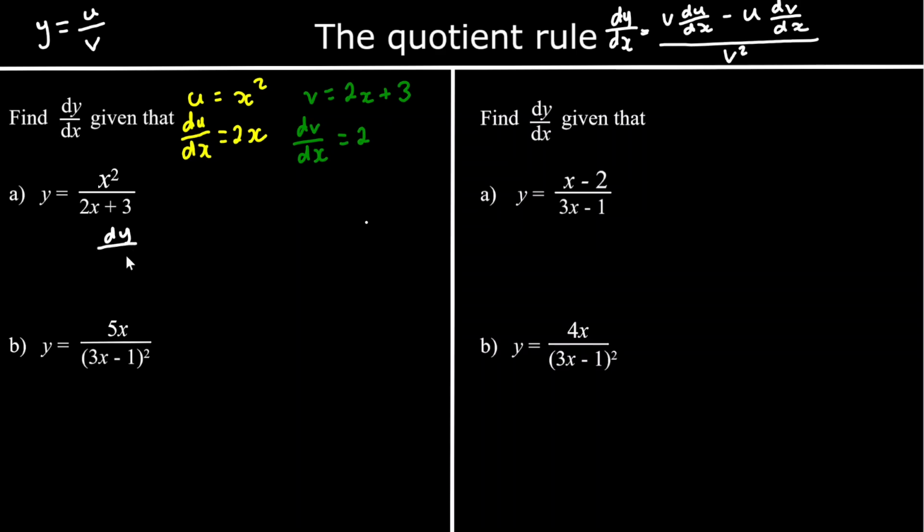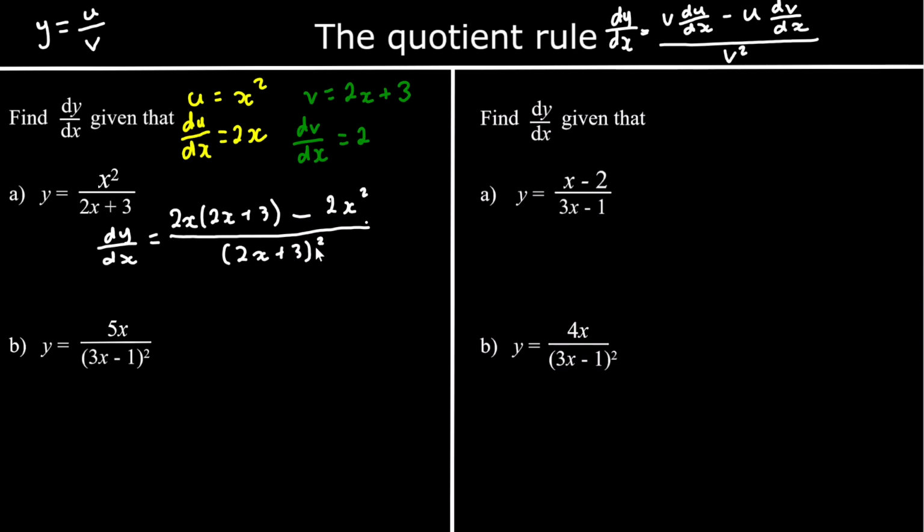So dy dx is v times du dx, which is 2x times 2x plus 3, minus u times dv dx, which is 2x squared, and that's all over v squared, which is 2x plus 3 squared.